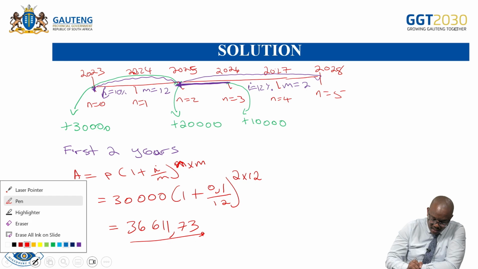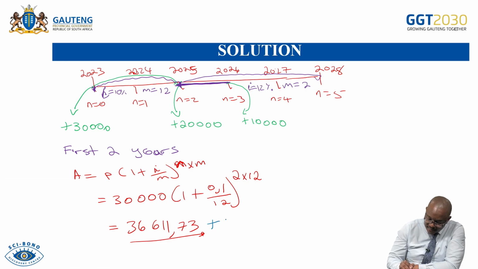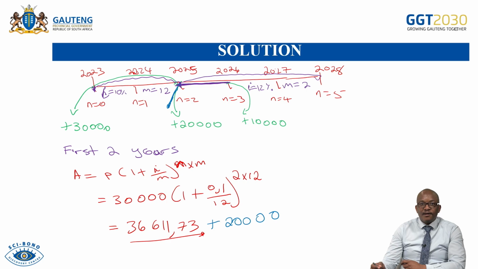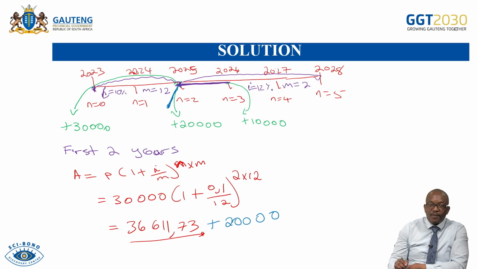And what do we do to that amount? We add 20,000. Remember, at the end of the second year, that is the amount there, 36,611 rand. Then we add 20,000 to that amount. Then it means it will now be what?